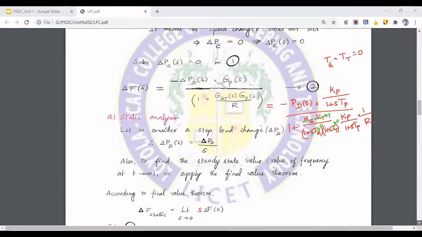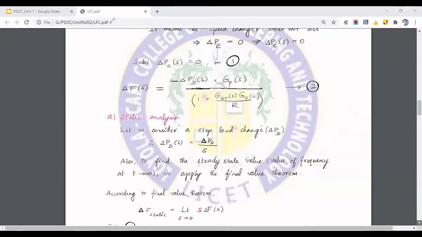On substituting it here, it's going to be 1 in the numerator, and in the denominator it's 1 plus 0 into 1 plus 0, which is 1. So this term is equal to 1 now. Whatever remains is taken into consideration for dynamic analysis.